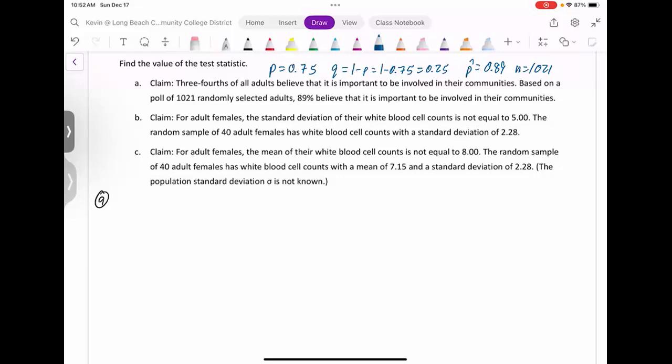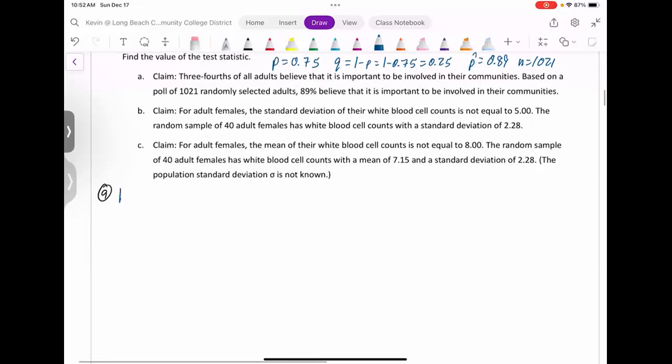So let's put all of this together. Let's start with our null hypothesis. The proportion is 0.75. Our alternative is that it is not equal to, so p is not equal to 0.75.